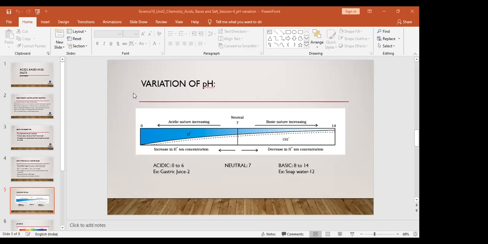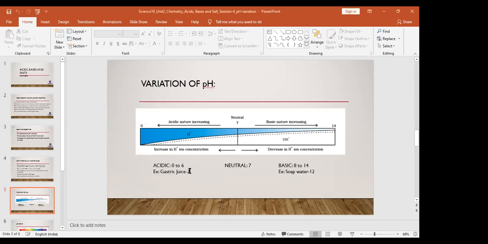7 is neutral. The chemicals which show 8, 9, 10 are considered as weak bases. And the chemicals which come as 11, 12, 13, 14 are considered as strong bases. Yes?